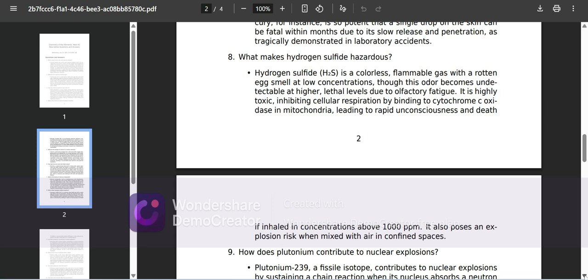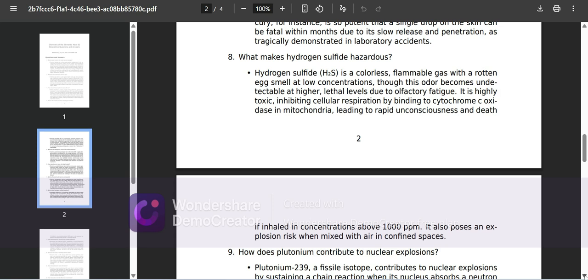What makes hydrogen sulfide hazardous? Hydrogen sulfide, H2S, is a colorless flammable gas with a rotten egg smell at low concentrations. Though this odor becomes undetectable at higher lethal levels due to olfactory fatigue.